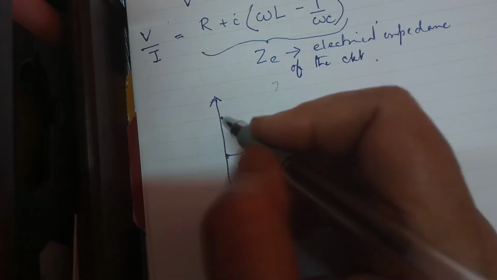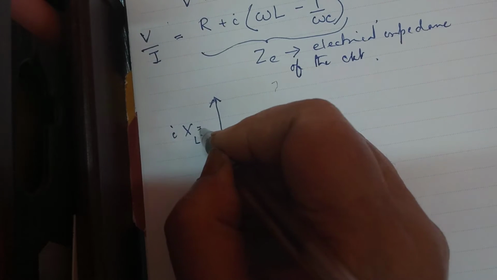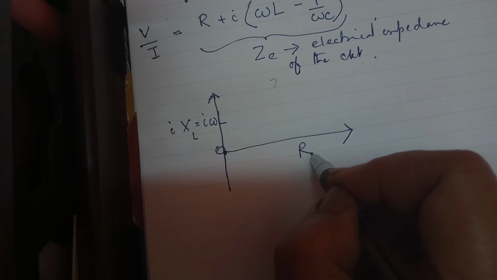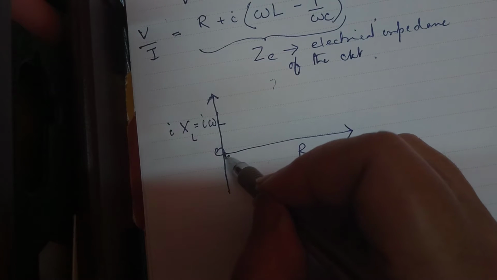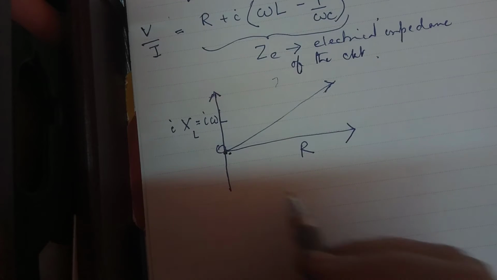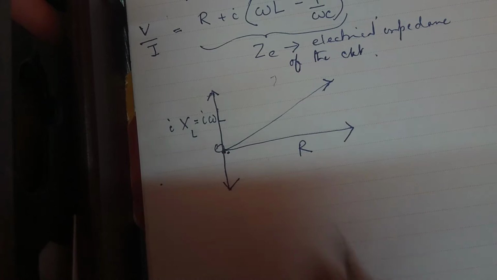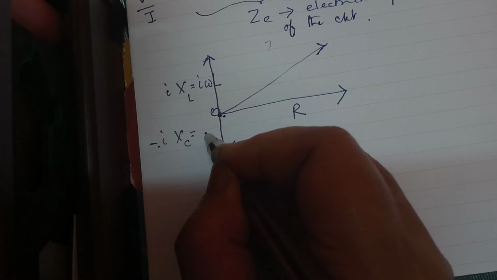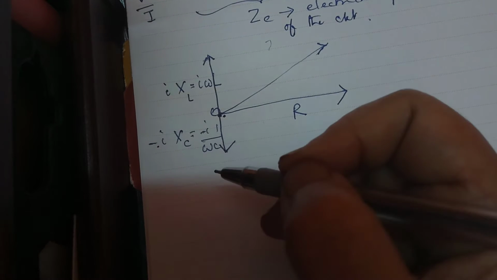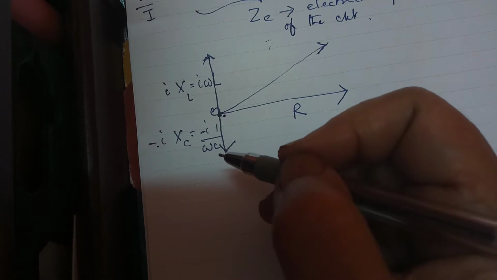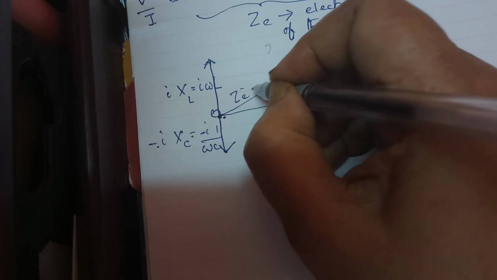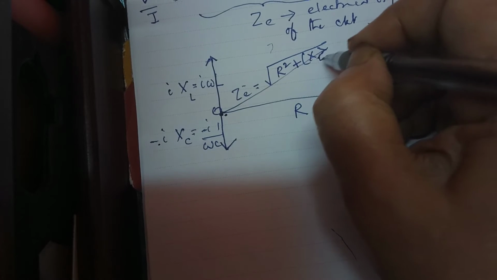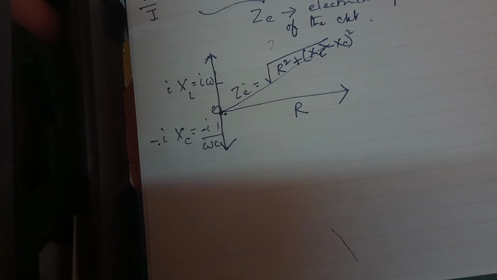This is your i X_L, which is equal to i omega L, and if you call this 0, then this is your R. For any impedance drawn as a vector, this is R and this is minus i X_C, which is equal to minus i 1 by omega C. Therefore your ZE, the impedance, is equal to the square root of R square plus X_L minus X_C whole square.